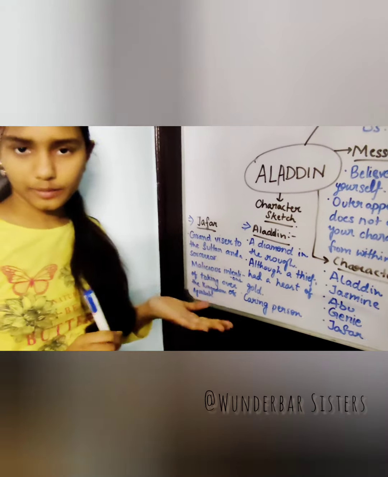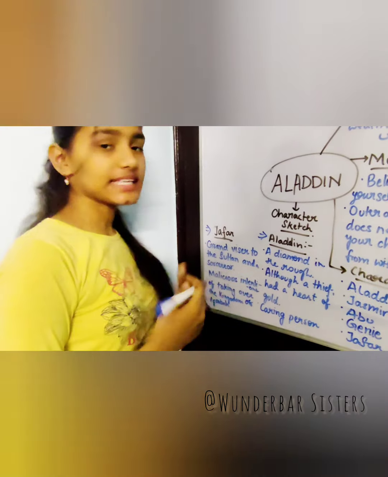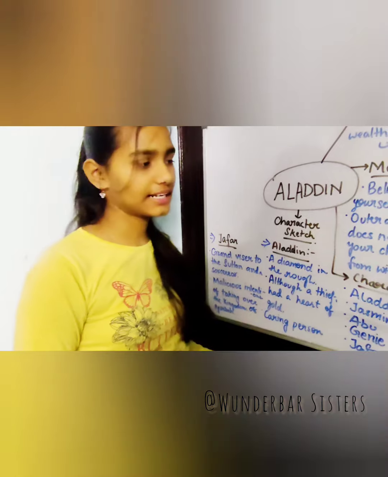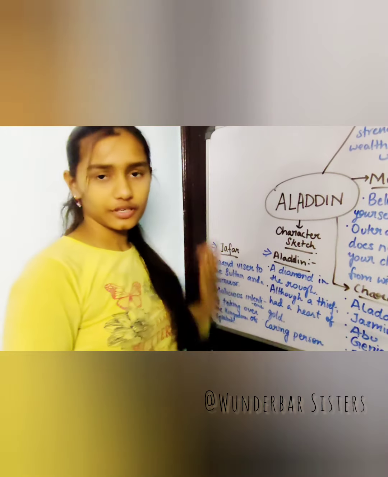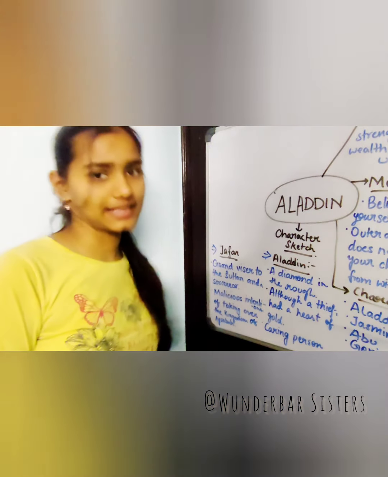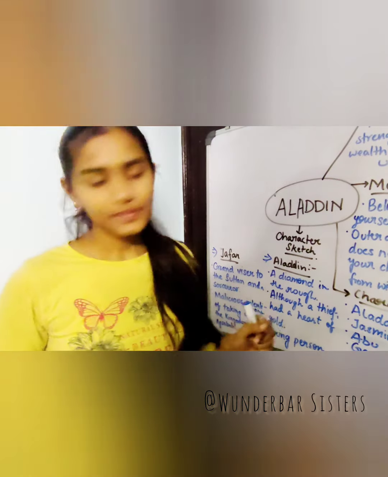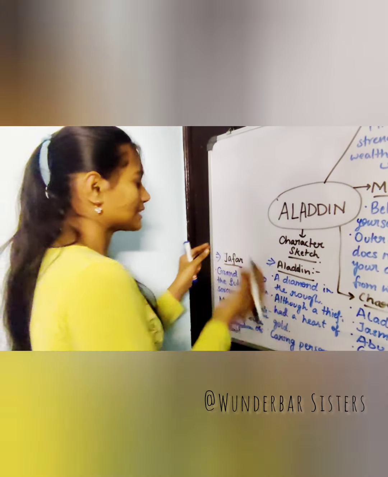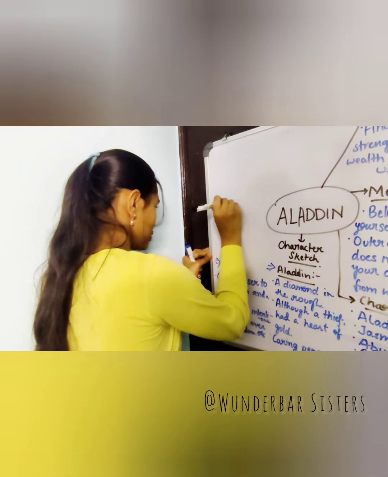And we can also write more points like his evil intentions led him to his own doom. But you can obviously add more because I don't have more space, and like I said, I'm just giving an example. Now let's move on to the next character, that is Genie.